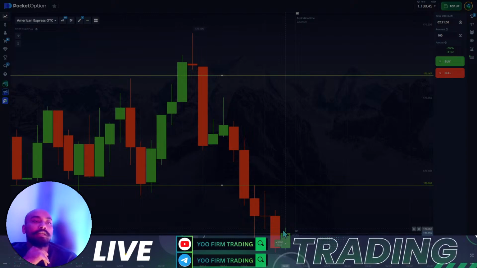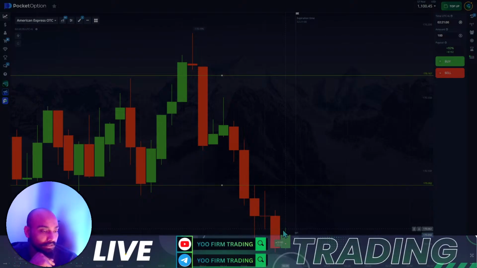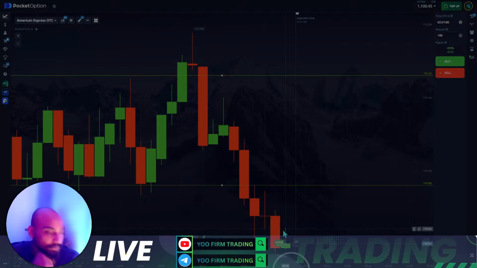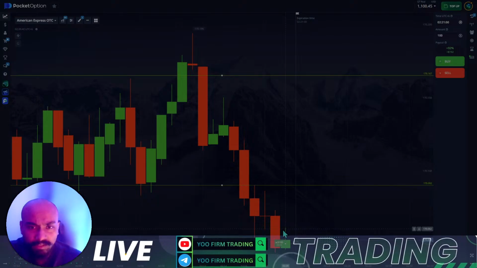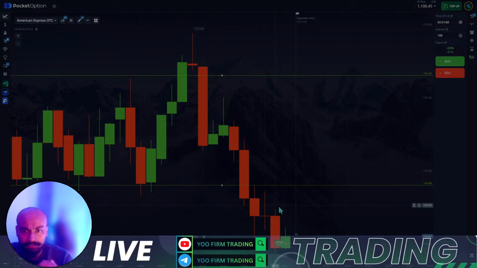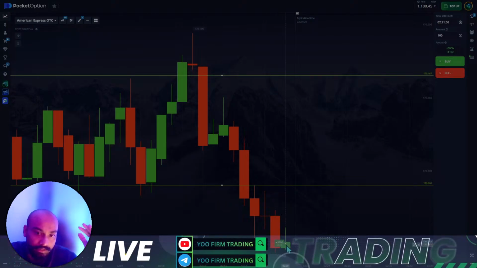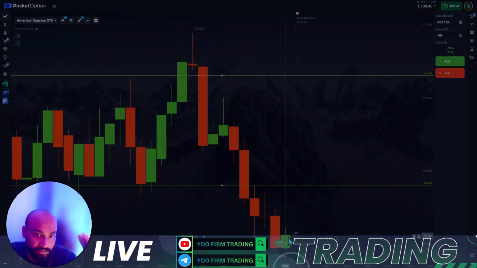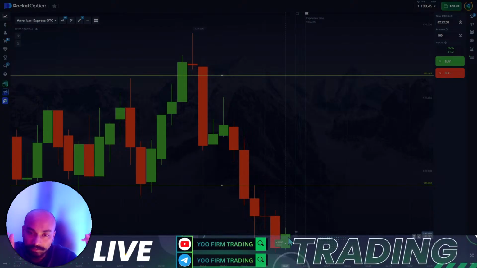So it's American Express OTC, and after this candle closes, trend respect or breakout trend? No, it will not respect the trend immediately. See, I can still say that at 13 seconds our trade was profitable, even at 9 seconds, but it should be a win on the last seconds.